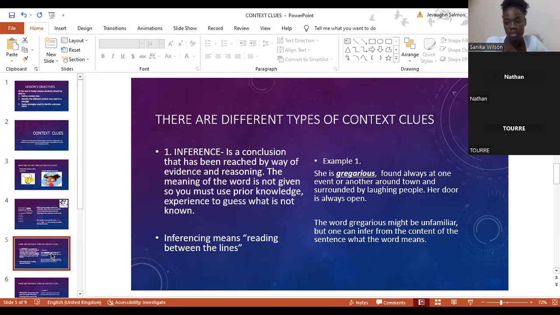So let me use Nathan. So Nathan is hurrying to get to the library. Nathan wants to return a book he had borrowed. The simple question, or the right there question, which we normally call the direct question, might say, where is Nathan running to?